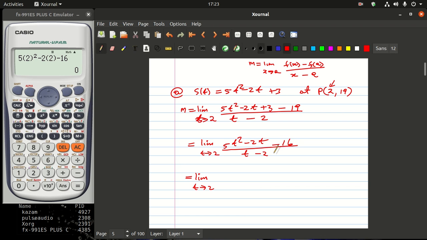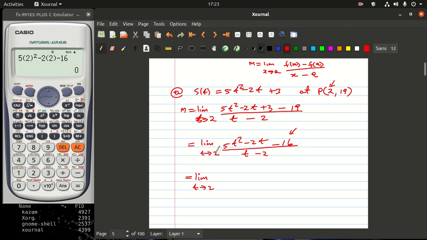If you look into this function here, how do you end up factorizing this? You look at the factors of 16 here. There are so many factors of 16, but this should not be hard. It should be easy, because I know that if I'm plugging in a 2 here, I will get a 0.